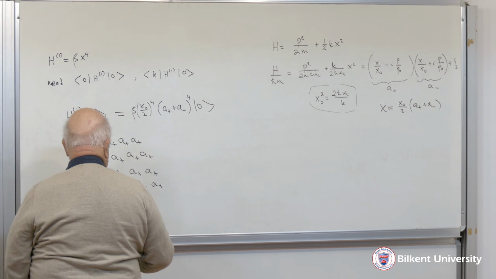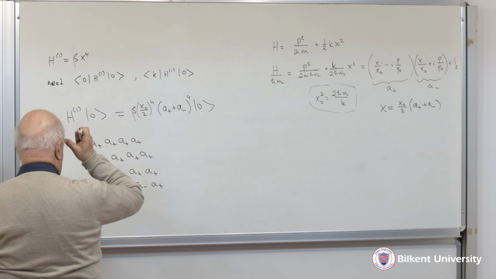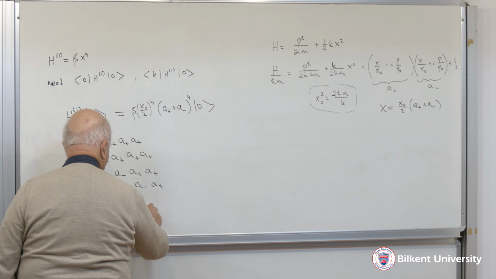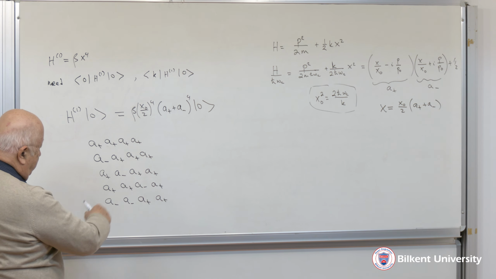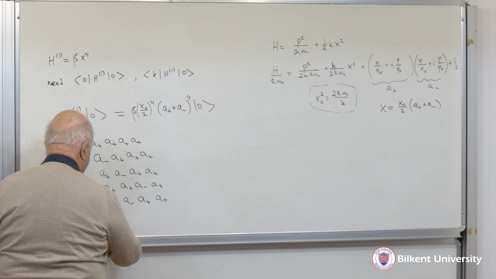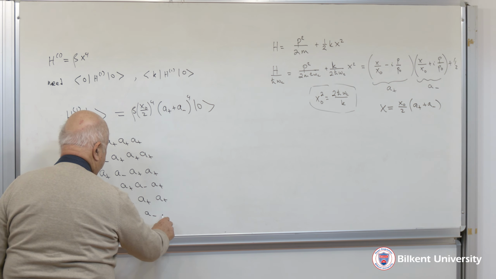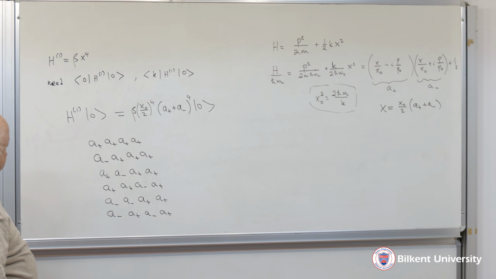And then I am going to look at 2 a minuses. Okay, a minus, a minus, a plus, a plus. I can move one of these guys towards the right. A minus, a plus, a minus, a plus. Right?